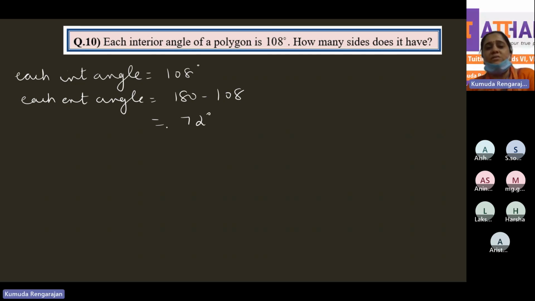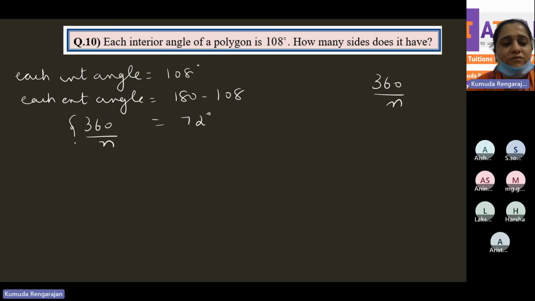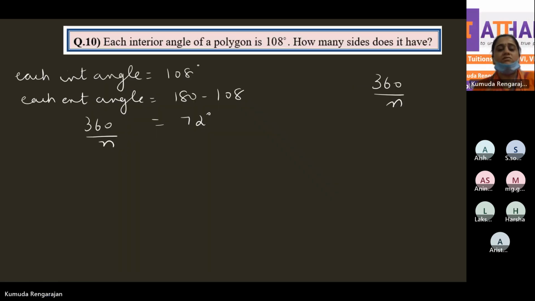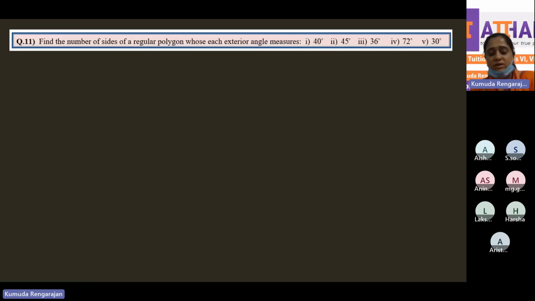But what's the formula to find each exterior angle? 360 by n. So 360 by n is equal to 72, because this is the formula to find each exterior angle, and that we have found to be 72. So equate. On working this, you will get n is equal to 5. There's another way also.